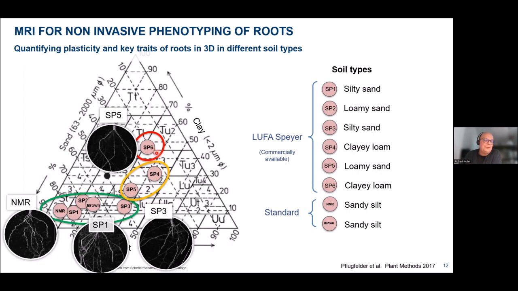From our experience, we also have some access projects to use the MRI. The best thing, from my point of view, if you want to collaborate with us, is to test the soil first and make some preliminary pilot studies to check whether the soil type is suitable for the MRI.